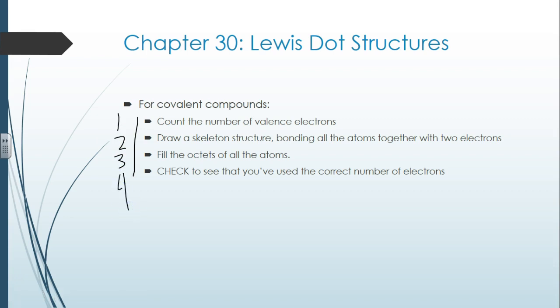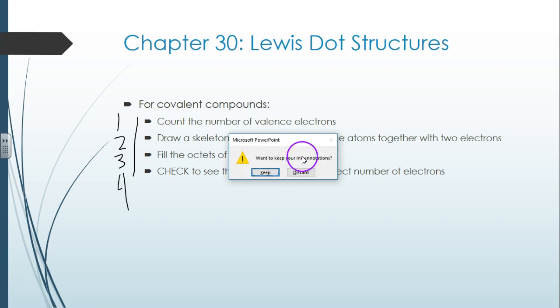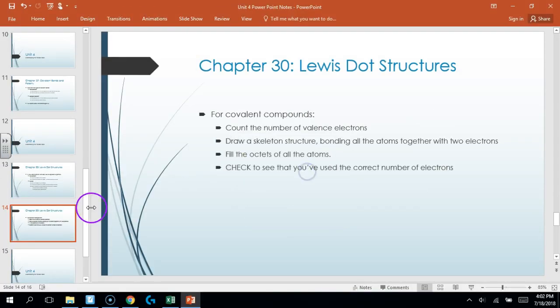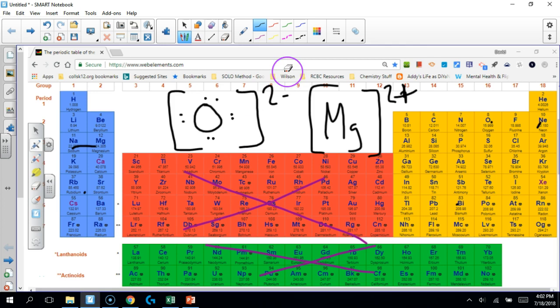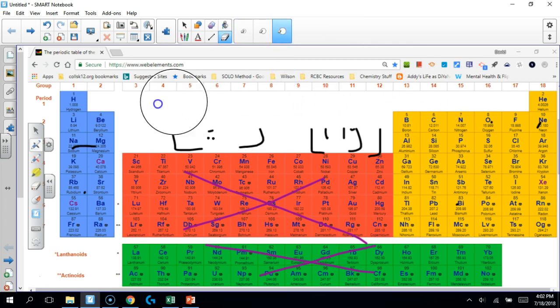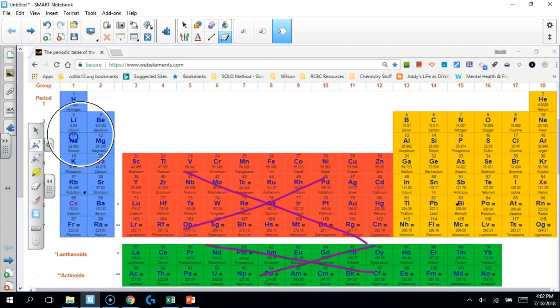Now we'll go back to a periodic table. Same periodic table as we were just using.